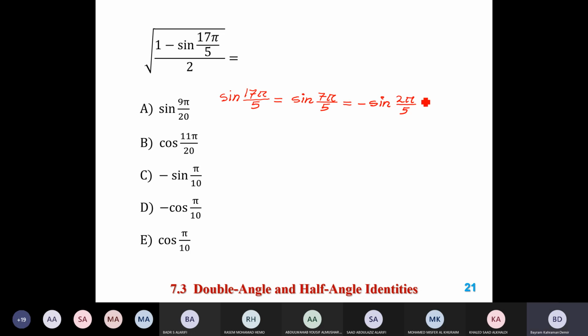Now, Shabab, you just need to take this one into the formula here. What happens? 1 plus sine. It becomes root of 1 plus, because there is another minus, 1 plus sine of 2 pi over 5, over 2.